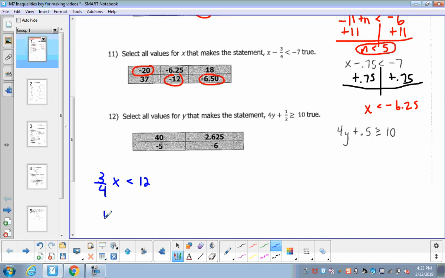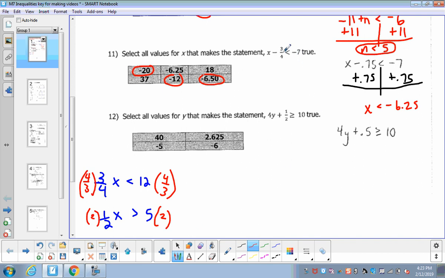And then maybe if we had like a 1/2 x is greater than maybe 5. When the fraction is a coefficient, y'all, that is when you multiply by the reciprocal. Okay? And you would do it down here for this next one. You'd multiply by the 2/1 or 2. And you'd multiply by 2/1 or 2.